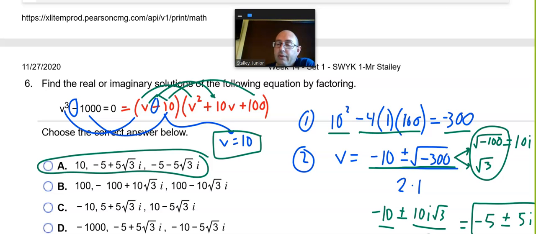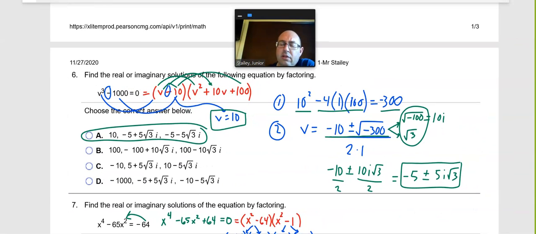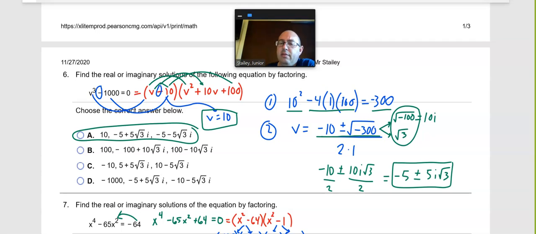And then the radical 3. Notice how we simplified them. I always break it up into 2 parts because you reduce it much easier that way. If you try to do it all in one, bad things happen. So negative 10 over 2 gave me the negative 5, and then the 10 and 2 cancel out in the second one as well. So all of these things lead me to letter choice A.